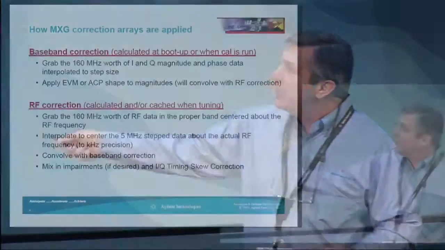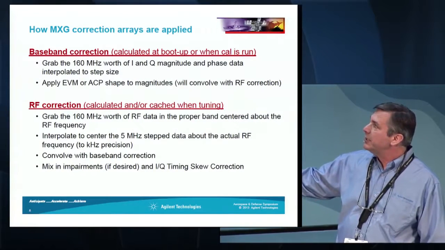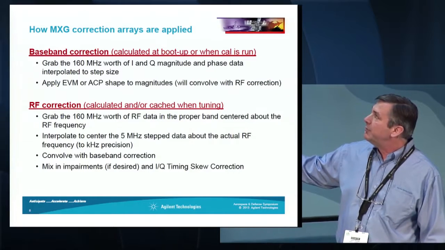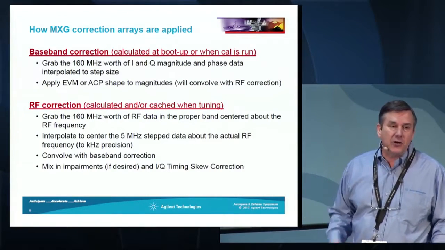And it's done both at baseband. I won't dwell on this slide, but we have baseband corrections that are calculated at boot up or when a cal is run, and an RF correction. And these are convolved with one another in order to get that flat phase and magnitude response. And I guess it's good to note you can also turn this off.